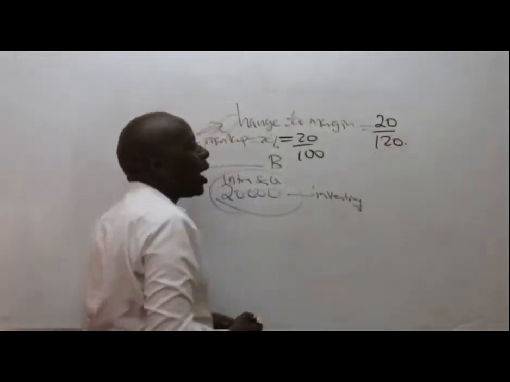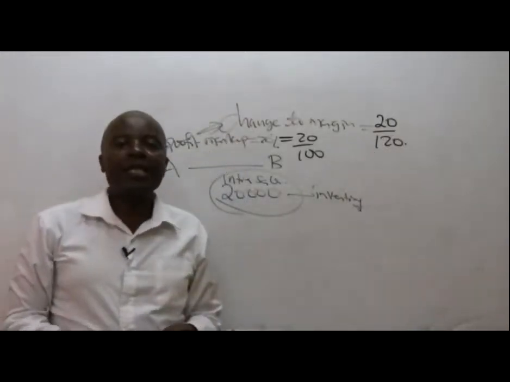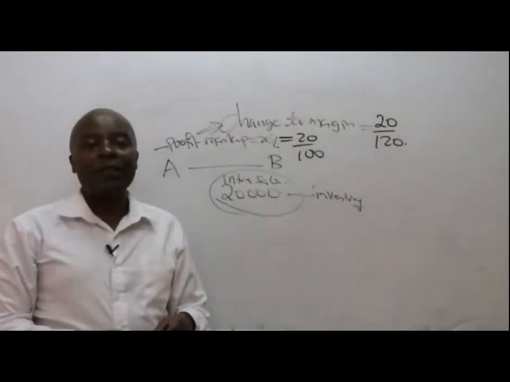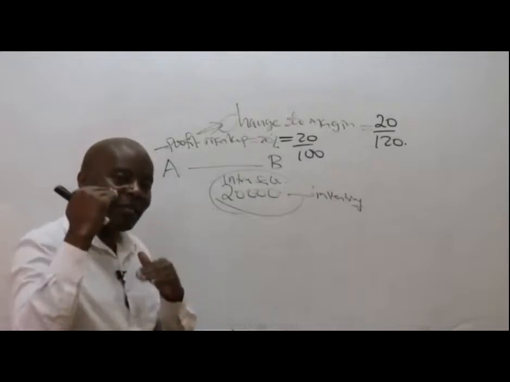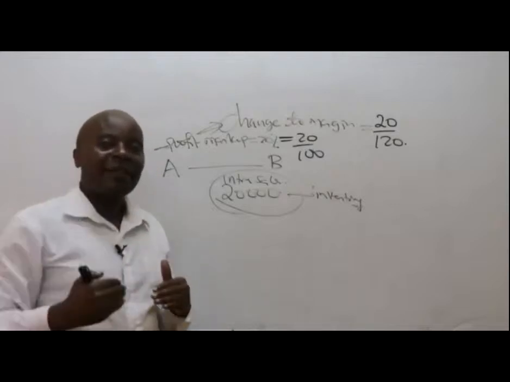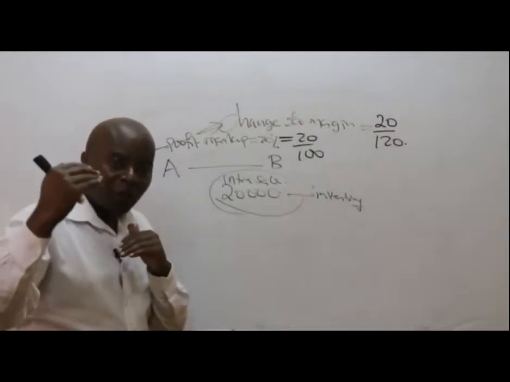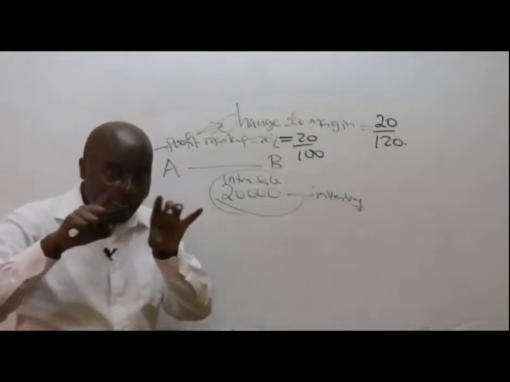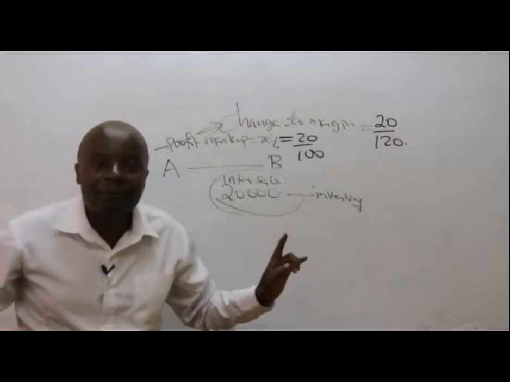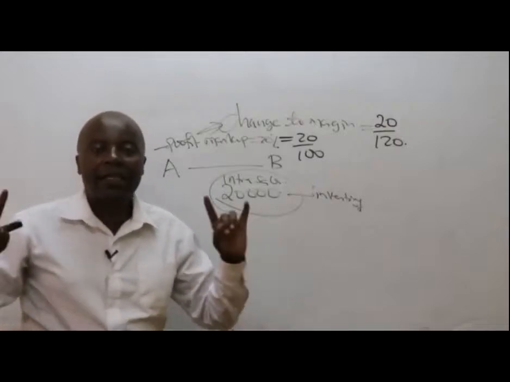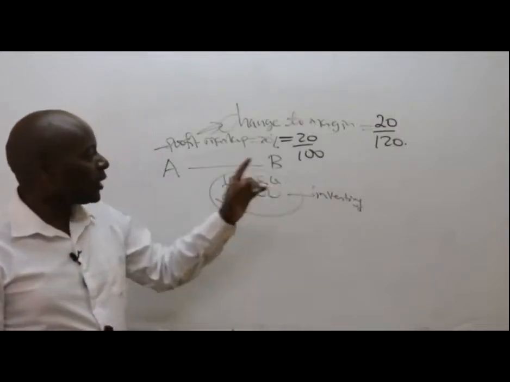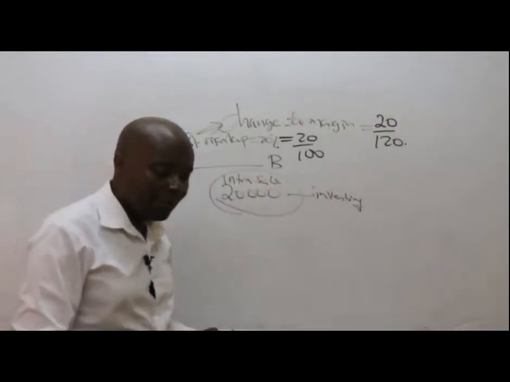Out of 120. What have I done? I've simply added, because the margin denominator will always be bigger. Remember, numerators are the same.